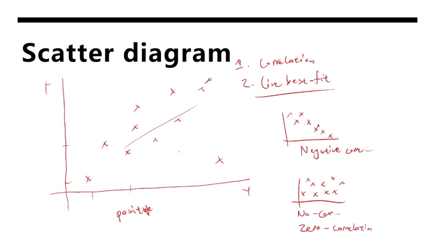Now, how to draw the line of best fit? In this example, we should draw it by hand. It will be a straight line, passing through as many points as you can while keeping the number of points on one side equal to the number of points on the other side.